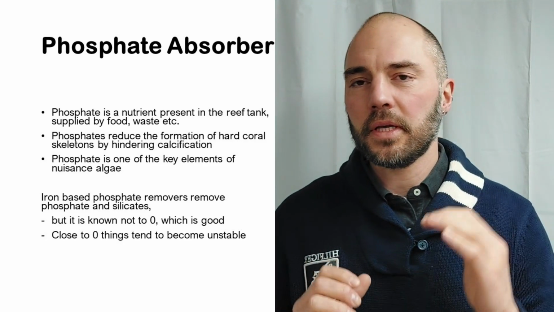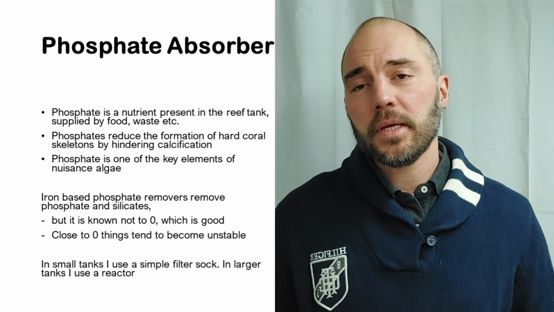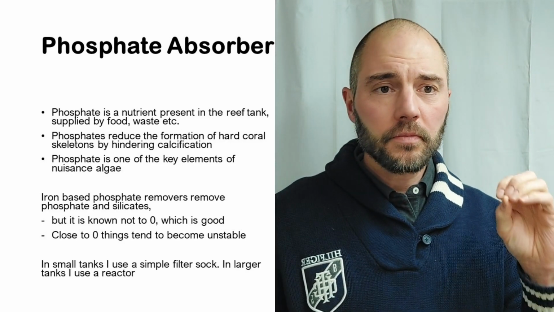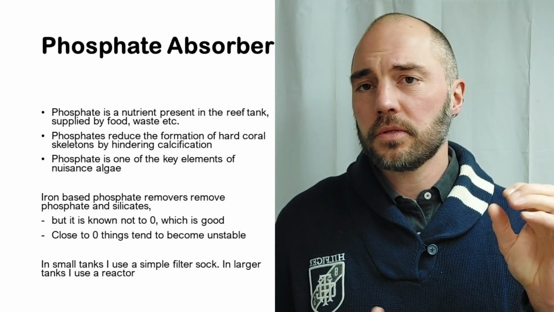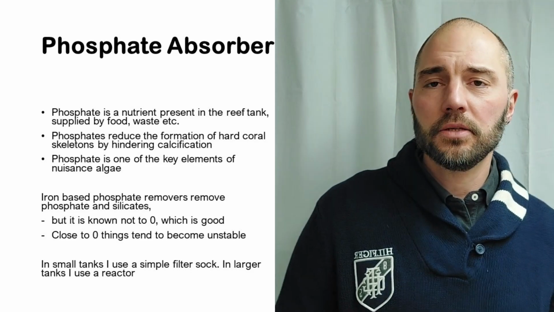So I actually see this as a benefit. Same as with the activated carbon, in small tanks I use phosphate absorber in a filter sock, and in larger tanks I use a reactor.